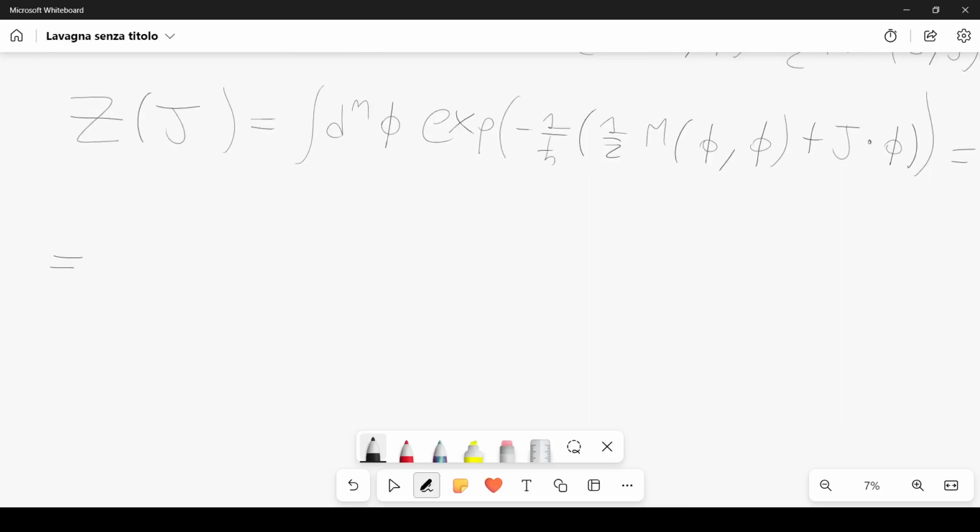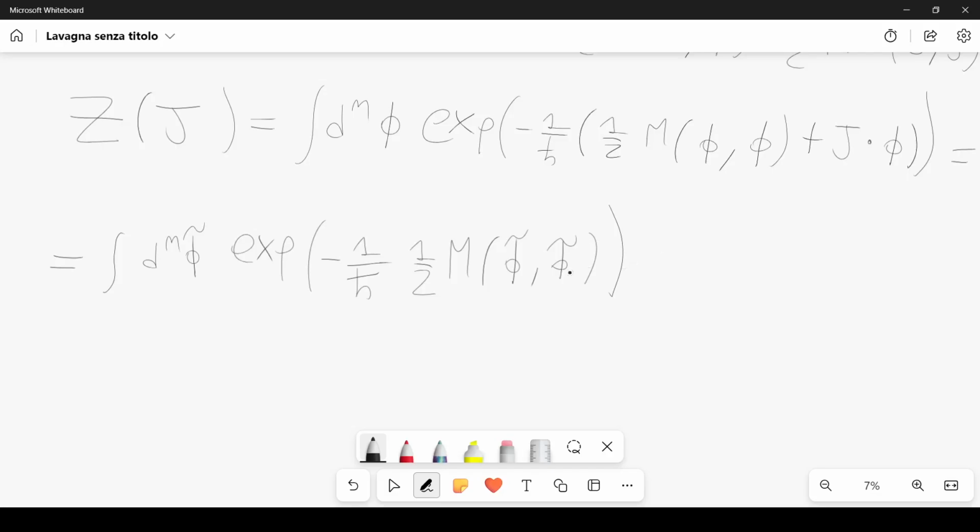In this form we have the integral d^N phi tilde exponential of minus, so this is not a complex exponential, you can see, because we have Wick rotated the time coordinate, so we are considering a Euclidean space, minus 1 over h bar, and then we have 1/2 here, and then M phi tilde like this.